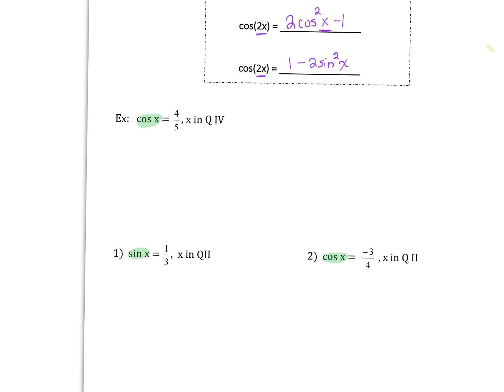If we're given the single angle, then the directions would say something to the effect of find the sine and the cosine and the tangent of the double angle. So our job is to find sine of 2x, cosine of 2x, and tangent of 2x. In other words, the double angle.